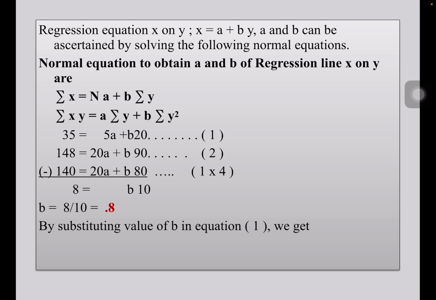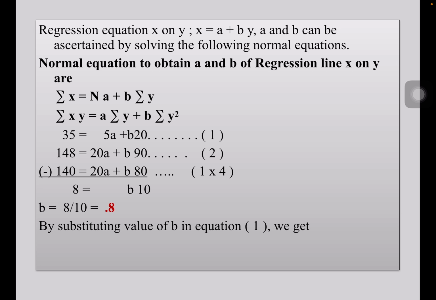Therefore, 148 minus 140 is equal to 8, plus 20a minus 20a gets cancelled, plus 90b minus 80b is equal to 10b. Now, 8 is equal to 10b. So, what is b? b is equal to 8 by 10, therefore, 0.8.